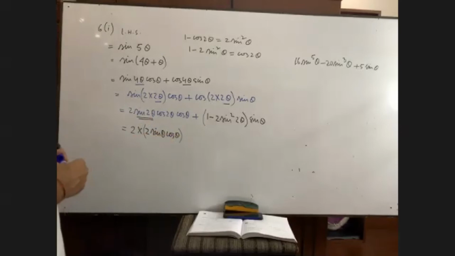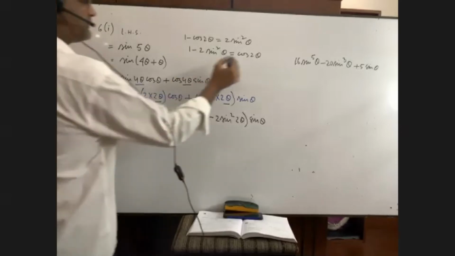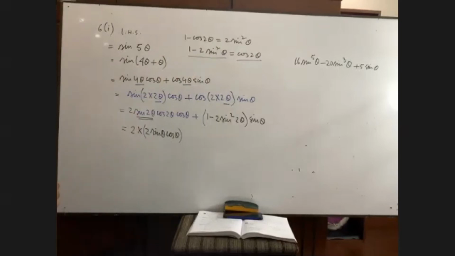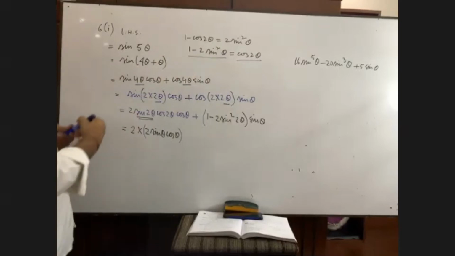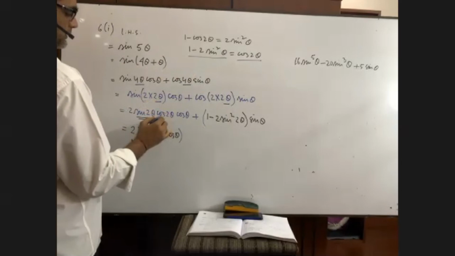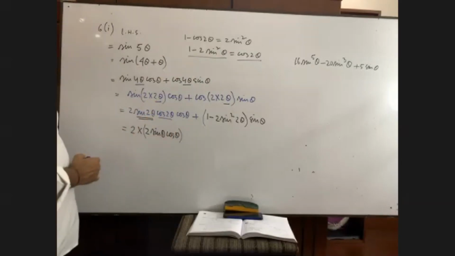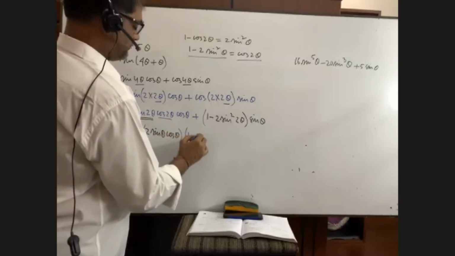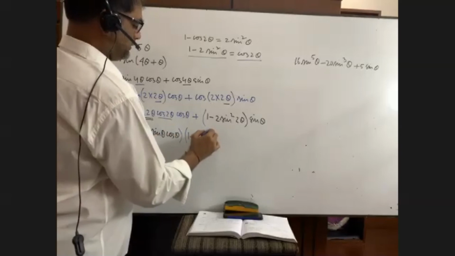What is the formula of cos 2 theta? 1 minus 2 sine square theta. Yes, sir.